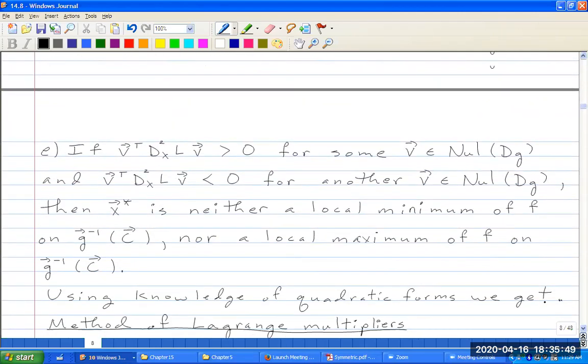And lastly, there's the saddle point sort of idea.